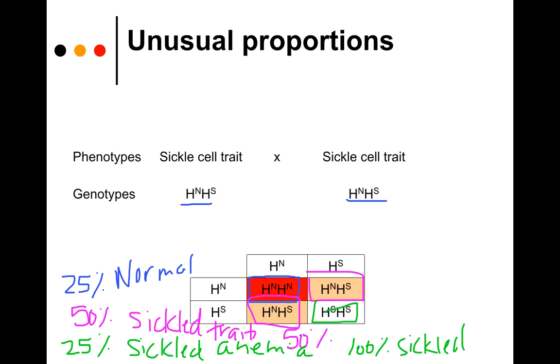So a 1 in 4 chance of having a normal child, a 50% chance of having a child who has the sickle trait or 50% sickled, and a 25% chance that you would have a child with the anemia, which means all of their blood cells are sickled.